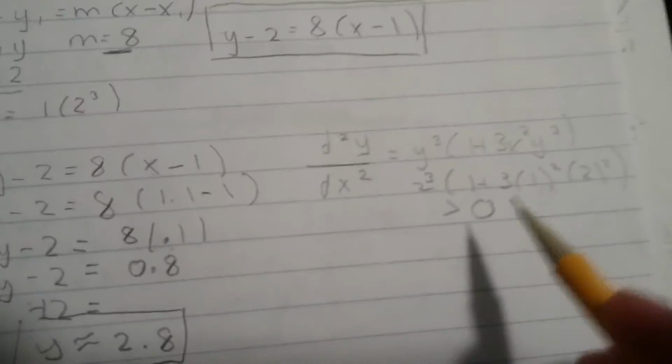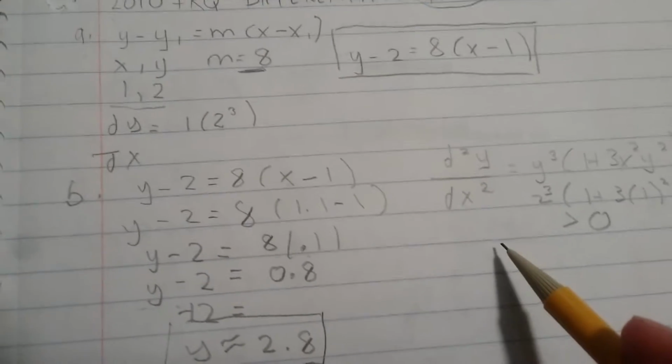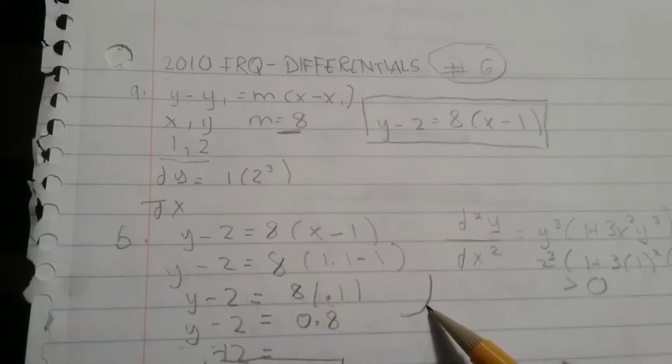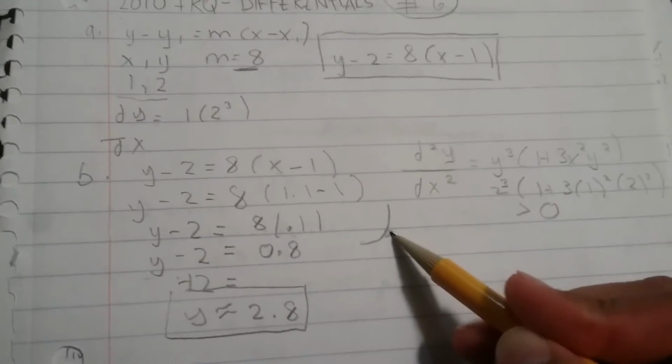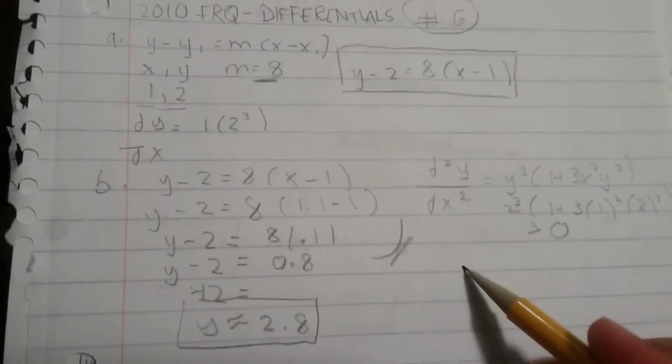So since it is concave up, it is going to look like this. And then the tangent line lies below the graph. So we're going to write our reasoning.